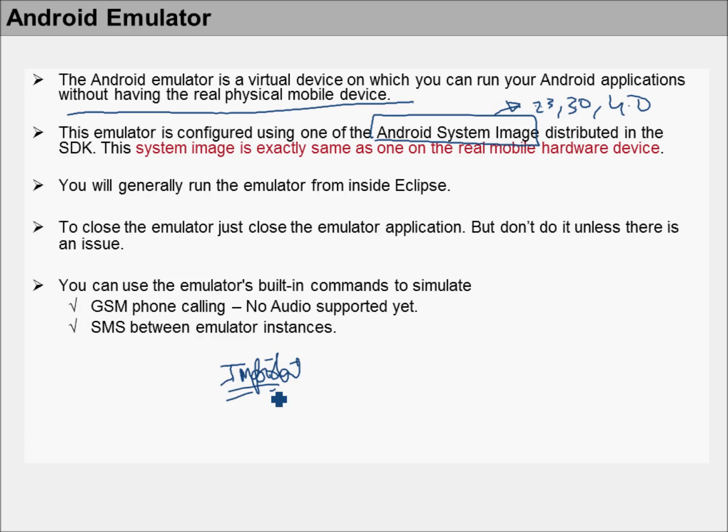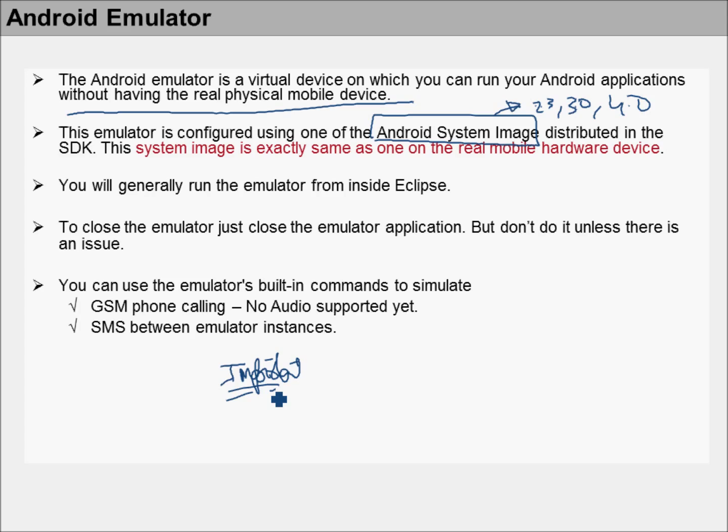If you are developing an application and you made some changes and you want to reinstall, it will override the same application and run the latest one. But if you close the emulator application, restart and install again, it takes a lot of time. So unless the emulator has crashed or hanged, which does happen, do not close the emulator application. Just keep running and installing the application, and it will do fine.